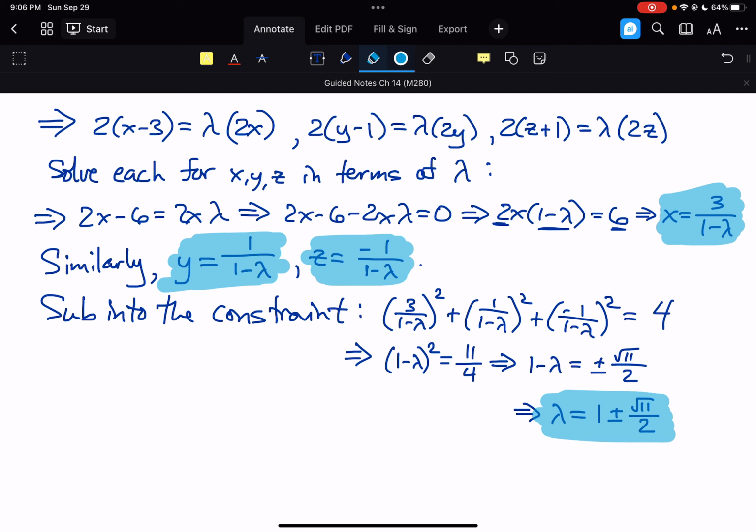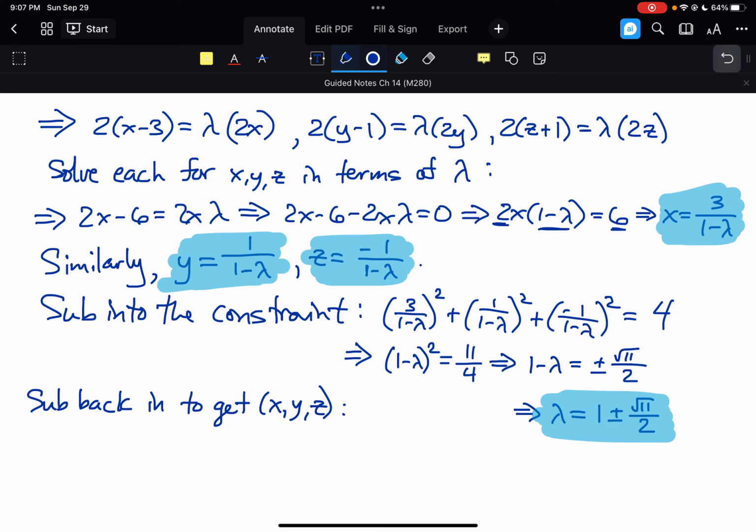Now we can plug that back in to each of these equations to get the x, the y, and the z. So sub back in to get x, y, z. So there are two solutions here. There's the plus case and then there's the minus case.